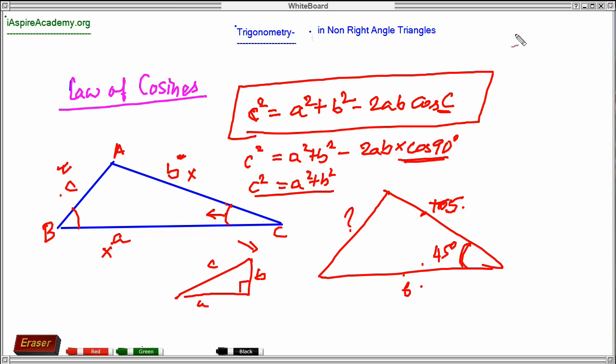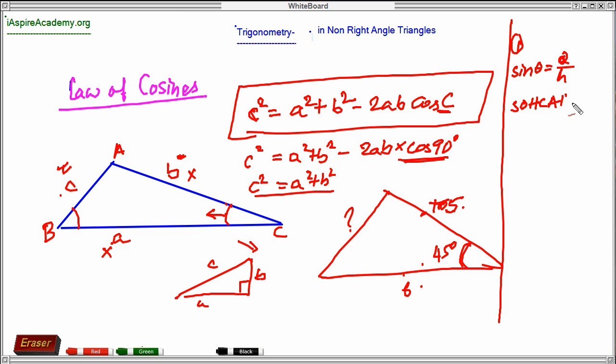So just to recap on trigonometry, all the things we have learned: one formula where we say sine theta equals the opposite side over the hypotenuse, which is SOH CAH TOA. I hope you remember what it is. So it is about relations among sides of a right angle triangle.